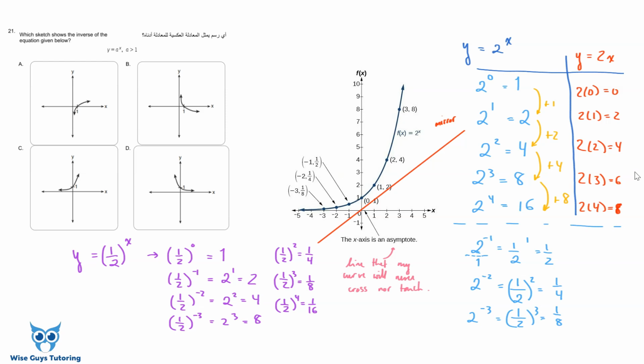So why don't I do it in green? Because I'm running out of colors here, people. So this point will be one of them, right? And then where else? You got 2 and 1, which is here. And you got 4 and 2. So I'm just inverting, right? I'm inverting these. So this point is 4 and 2. And this point here is 2 and 1. And this point here is 1 and 0.